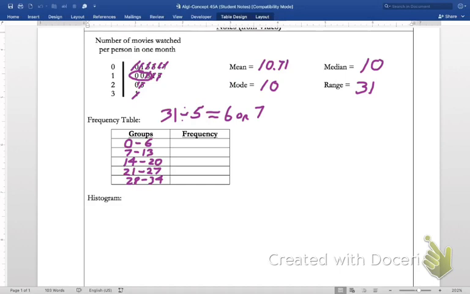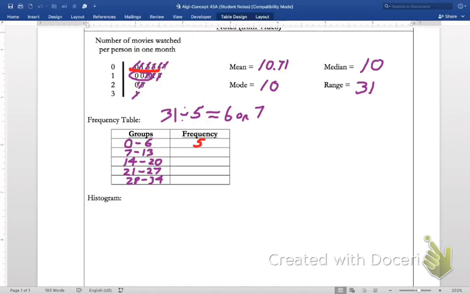Okay, to find my frequency, what I do is I go back to my table and I count how many numbers are between 0 and 6. Well, I've got a lot of them crossed off, but hopefully you can kind of see yours better than I can. So it looks like I've got 0, 1, 3, 3, and 4. So I've got 5 numbers in the first group. 7 to 13.